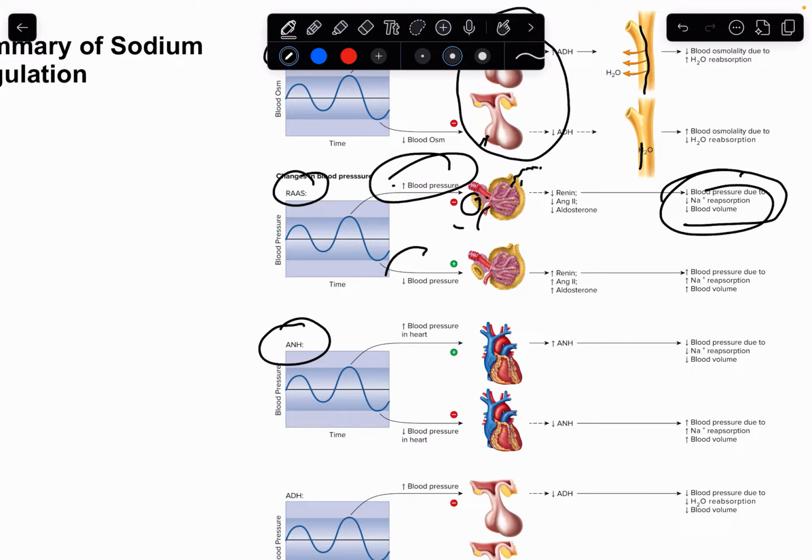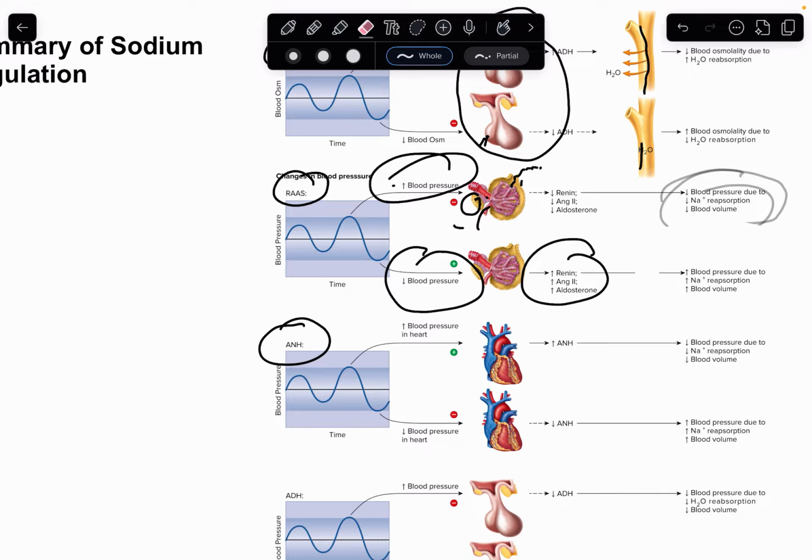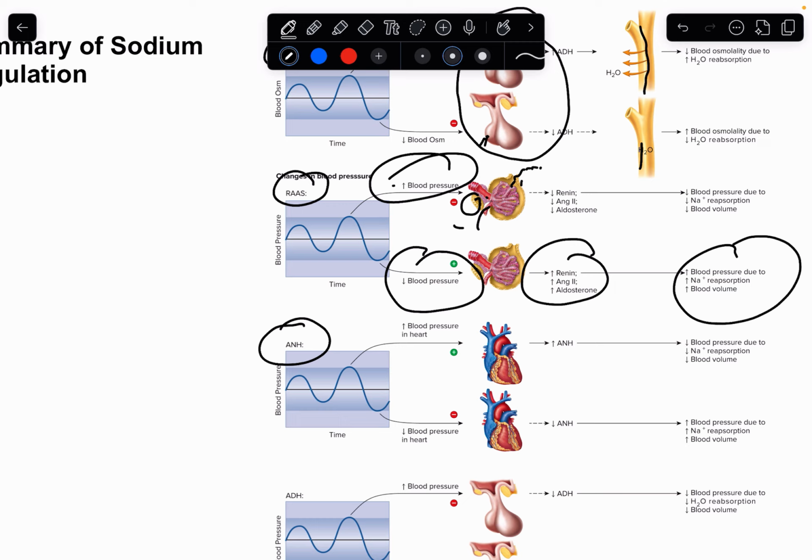If your blood pressure is low, think about sometimes when your blood pressure is low, what happens? Everything is going up. We need all this stuff for this type of scenario. Then if you look at the last one, it affects your heart.